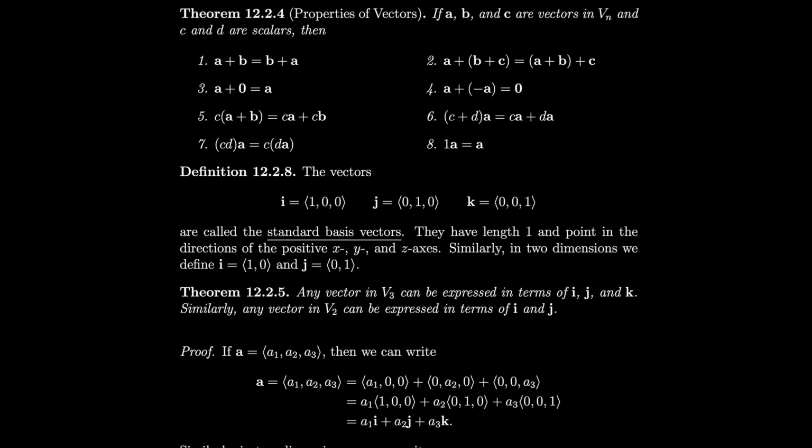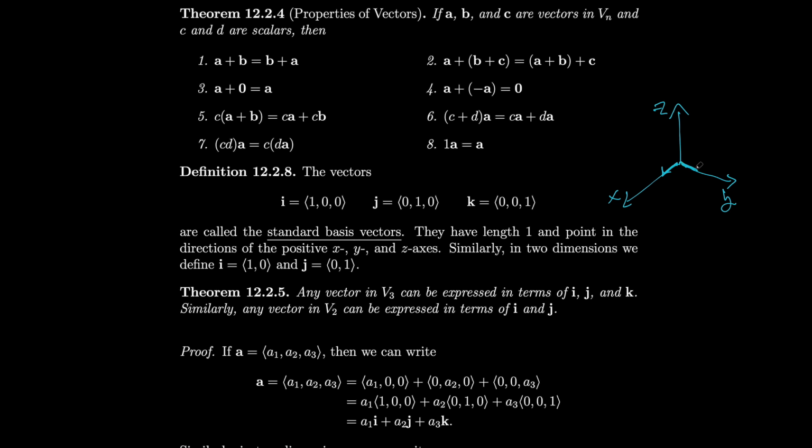So next up, we have the vectors i, j, and k. i is just 1, 0, 0, j is 0, 1, 0, and k is 0, 0, 1. So in 3 dimensions, if here's the z-axis, here's the y-axis, and here's the x-axis, then here would be vector i with length 1 poking out in the x direction.